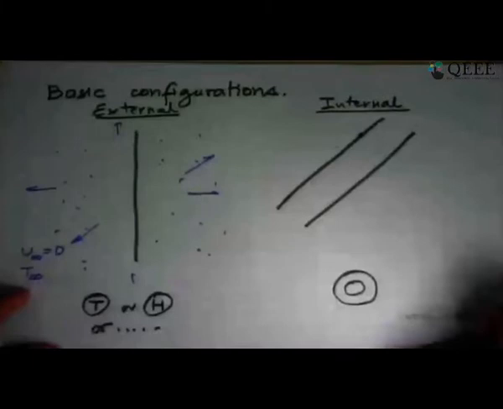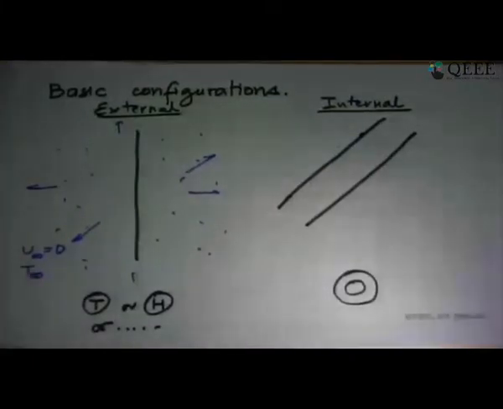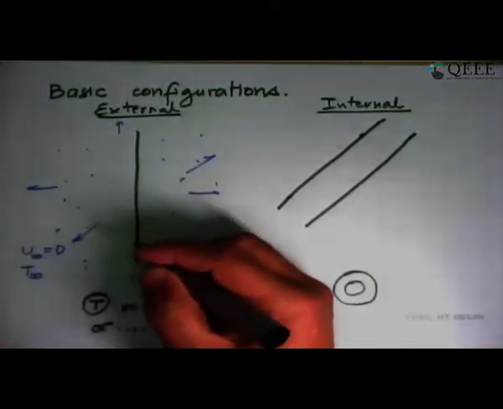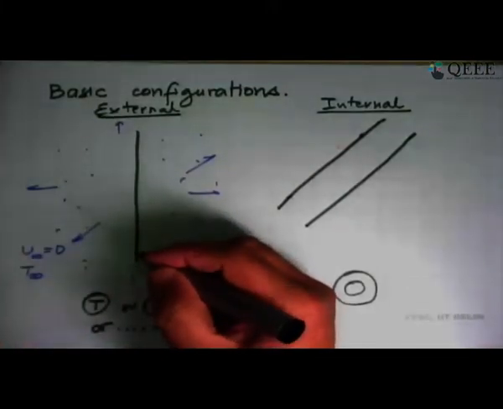Okay, so we have, as before, two basic configurations which I had introduced right in the beginning. This particular one is where you have a plate which could be either hotter than the surrounding fluid or colder than the surrounding fluid.